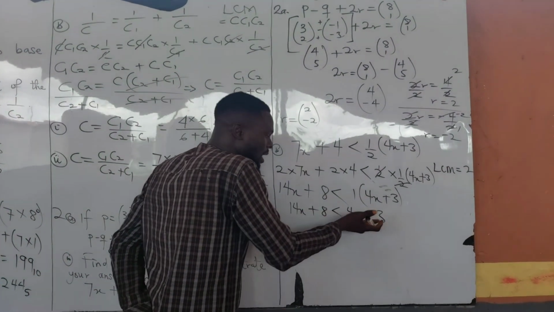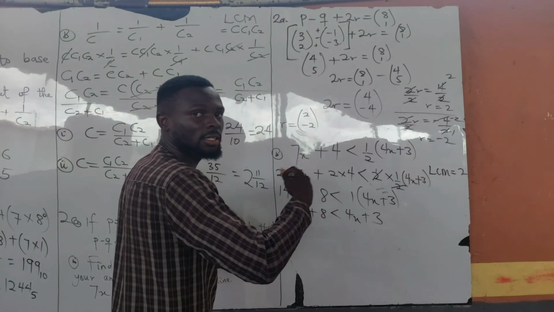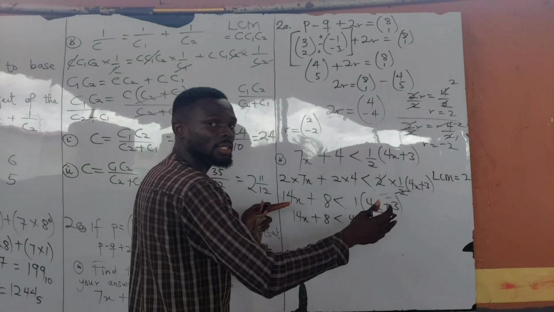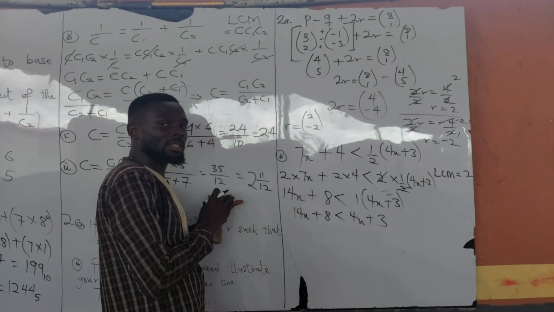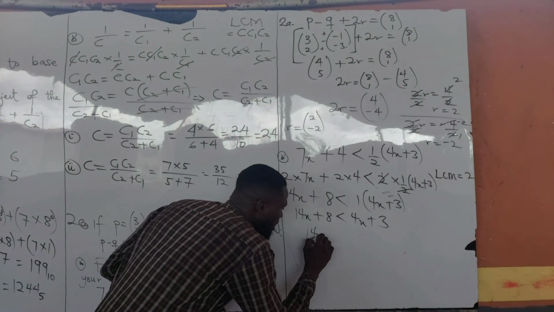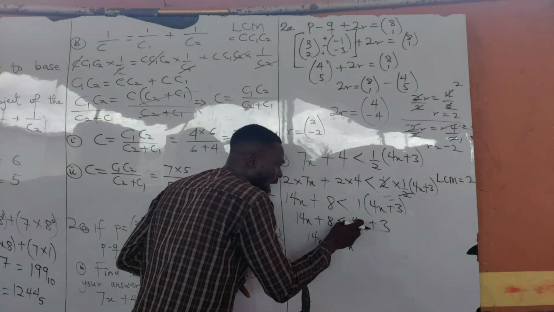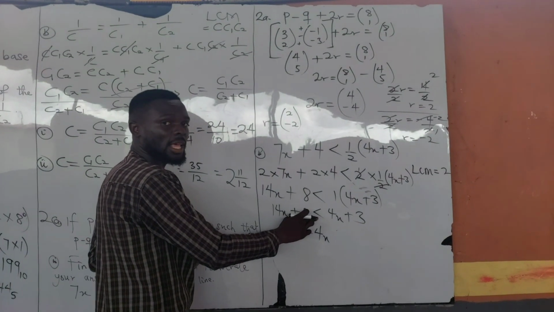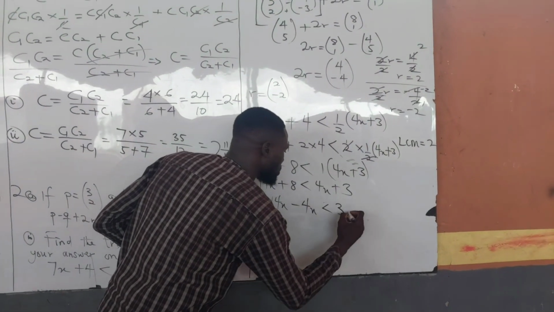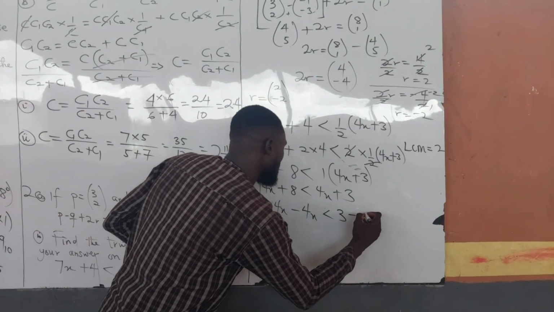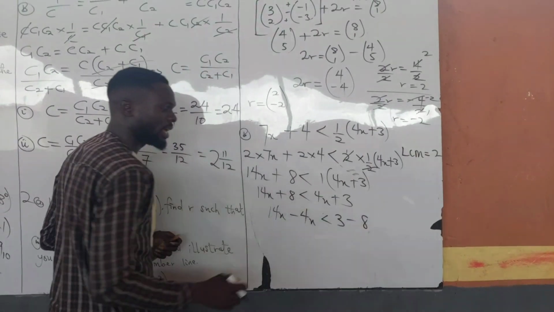Now this becomes an inequality with a variable on both sides. So if it is on both sides, you group like terms. So all those with a variable should be on one side, giving you 14x minus 4x, because the 4x will cross the sign, and the 3, as this one also crosses, minus 8, because this crossing will give you negative 8.